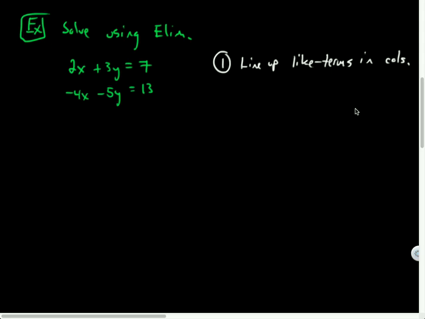And technically, step 1 is already done here. I just want to point out that my x's are all vertically aligned, my y's are, my equal signs are, and my constants are all lined up. Now, it doesn't have to be xy equal constant. It could have been y equal x constant, right? As long as they're lined up, that's what we need.